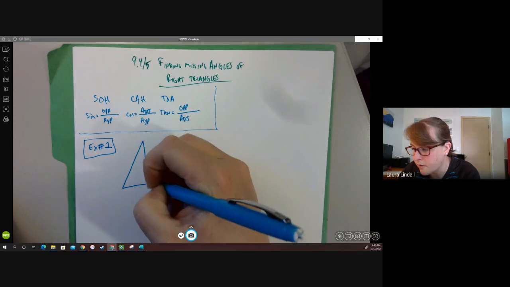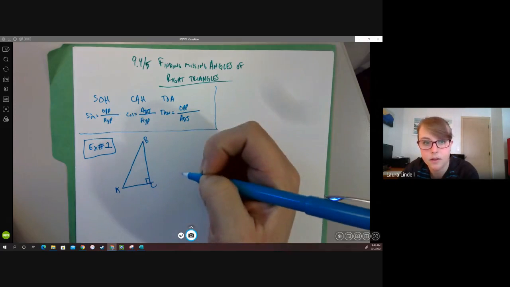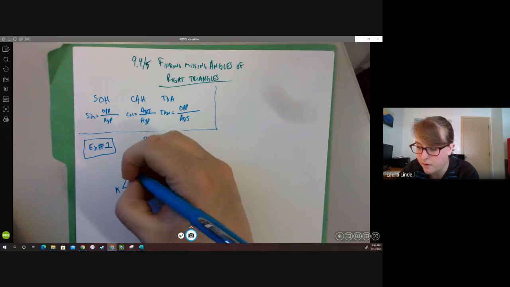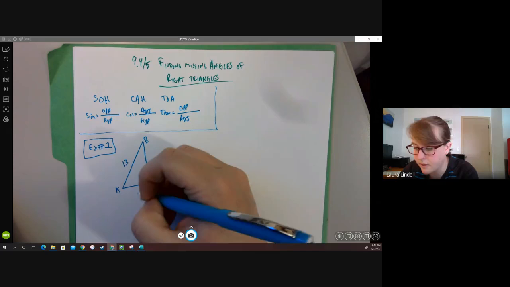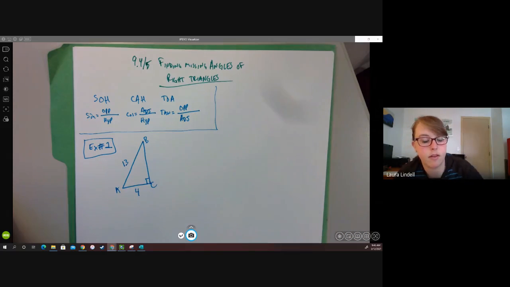we've got our right triangle here, A, B, C. This side length is 13, this side length is 4. You can use just 2 side lengths to find a missing angle. That's all you need, 2 sides.